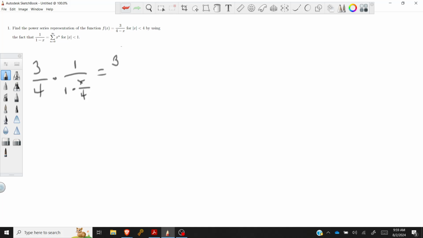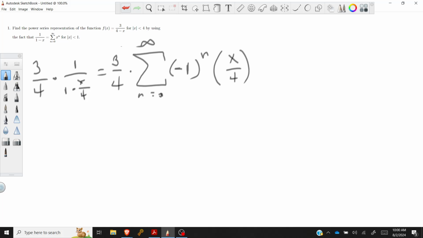So I'm going to set this equal to 3 over 4 times the summation of n equals 0 to infinity of, this is going to be negative 1 to the n times x over 4 to the n.